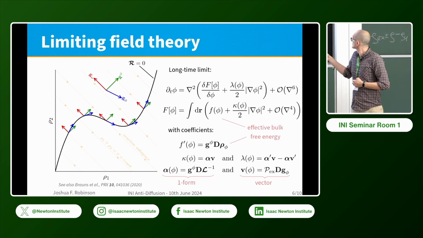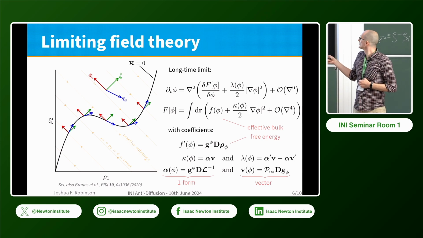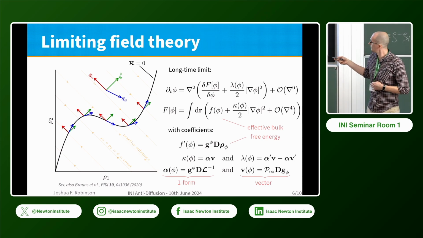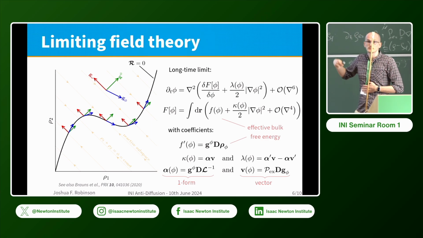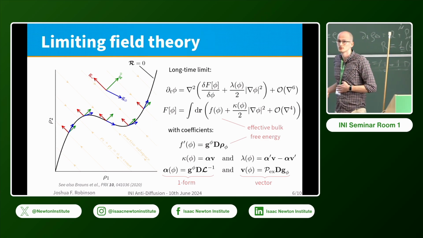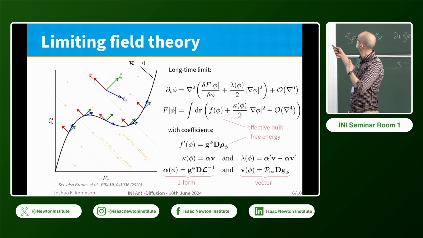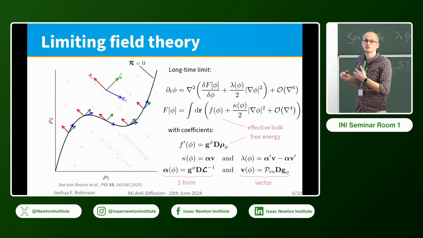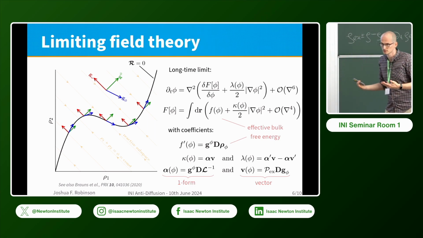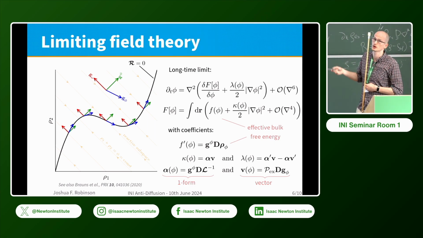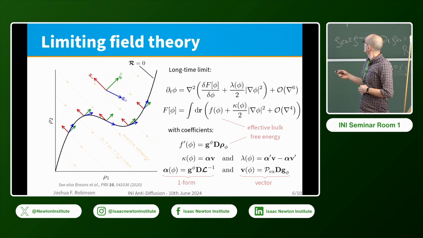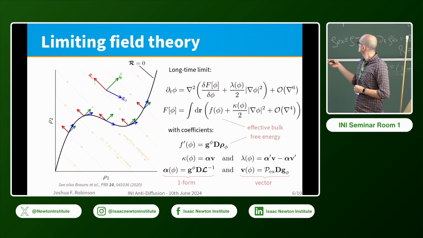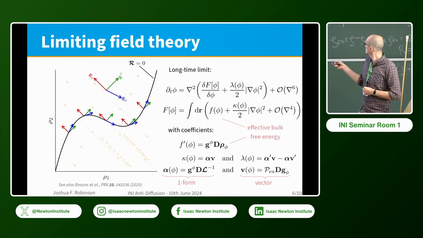Then I have these interface corrections, described in terms of a contraction of one form and a vector. These vanish when you have infinitely fast reactions, so the effective interface terms that emerge are related to finite reaction speeds when you deviate from the null plane. It's cute. Okay, so I've got a V, my vector.